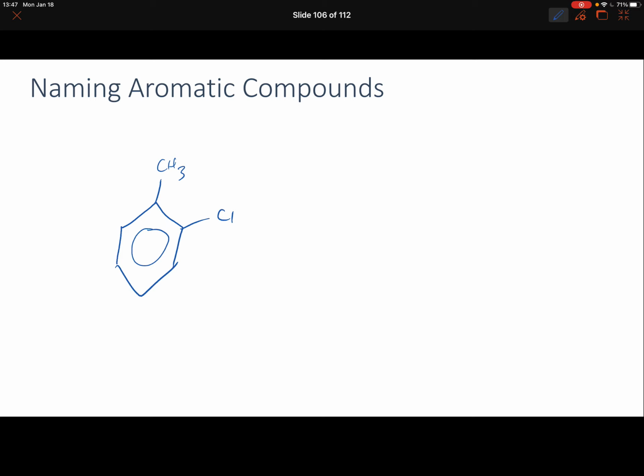I can call this 1-chloro, 2-methyl, alphabetically, right? 1-chloro, 2-methylbenzene, or I can name this as toluene and call this 2-chlorotoluene. So whenever I name it as toluene, the methyl is automatically the number 1.